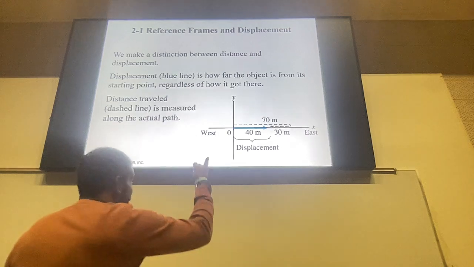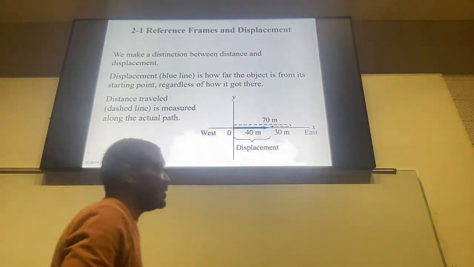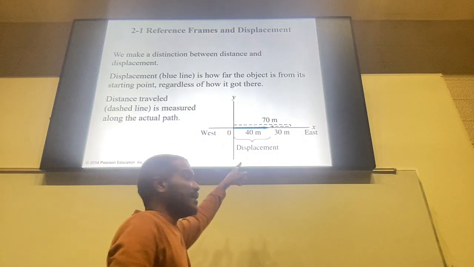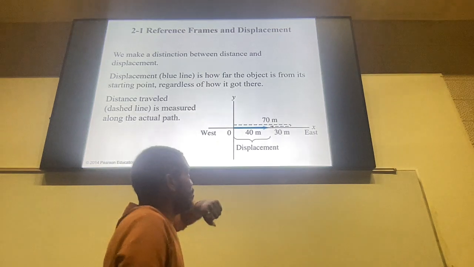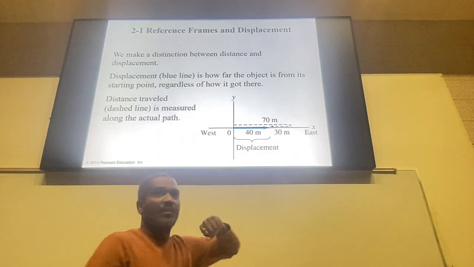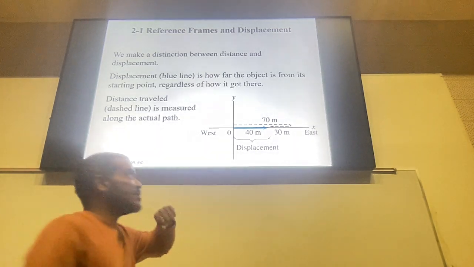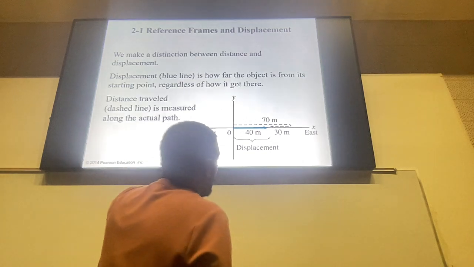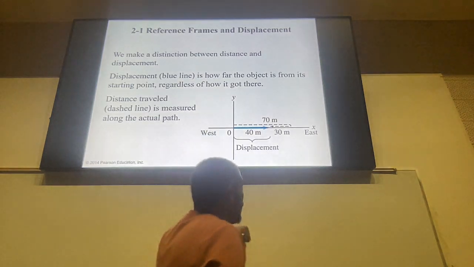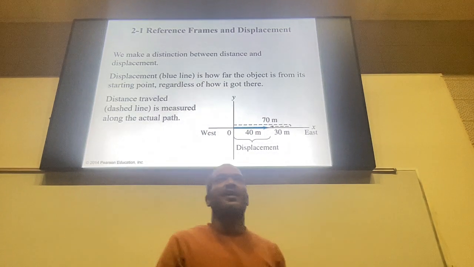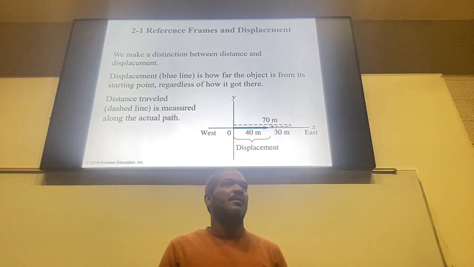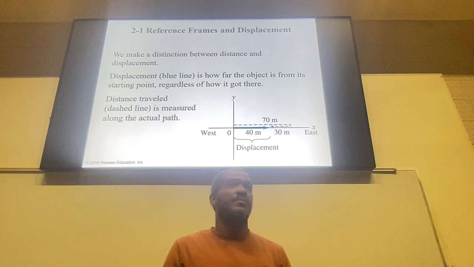So if we look at the cartoon right here, then we could say that this person's displacement was 40 meters, right? But what distance did they cover to get to that 40 meters?